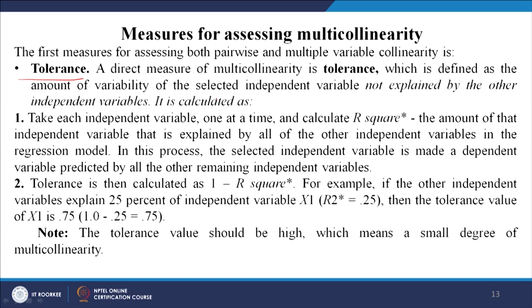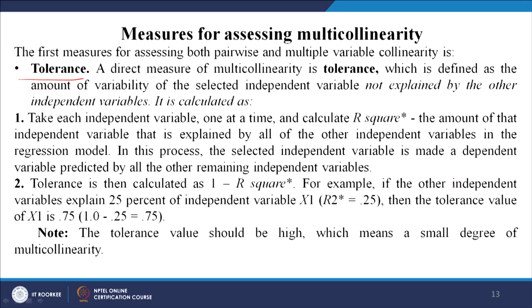It is very simple. Take each independent variable one at a time and calculate the R square, the amount of that independent variable explained by all of the other independent variables in the regression model. In this process, the selected independent variable is made a dependent variable predicted by all other remaining independent variables. Tolerance is then calculated as 1 minus R square.